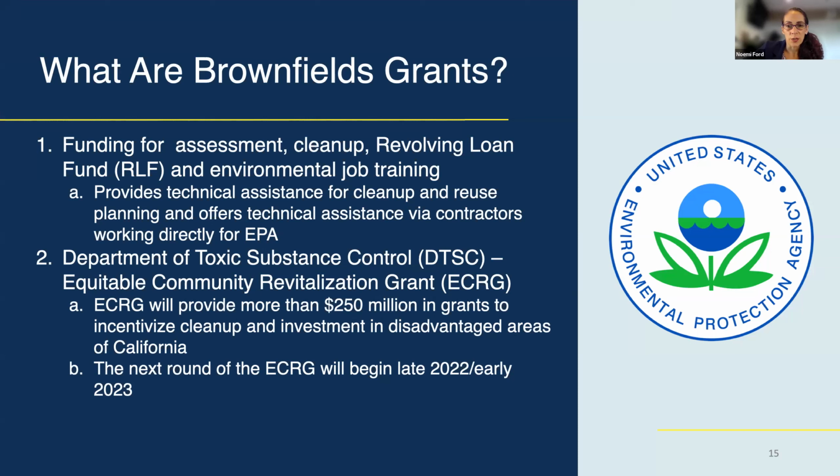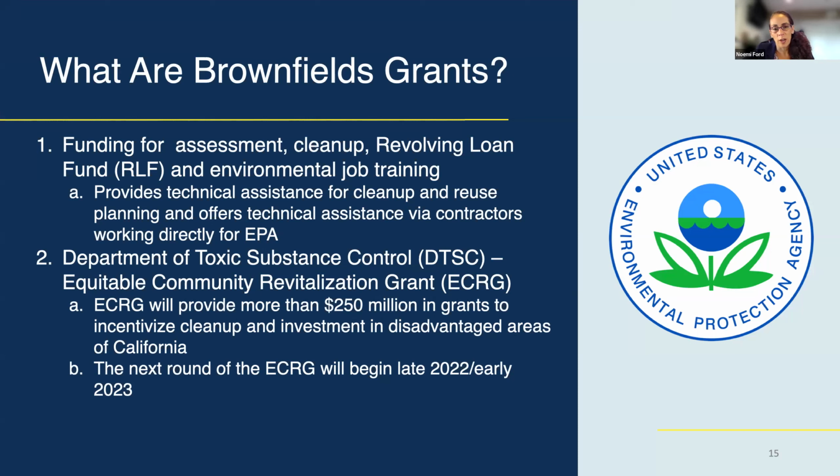We also have technical assistance where we have contractors on retainer that can assist you with doing cleanup, assessments, reuse planning, and it's directly through assistance provided by EPA. So it's not funding directly to you.